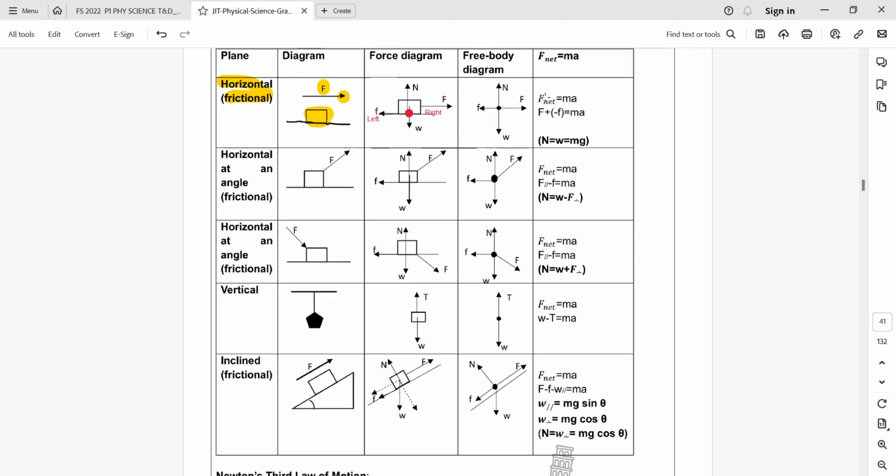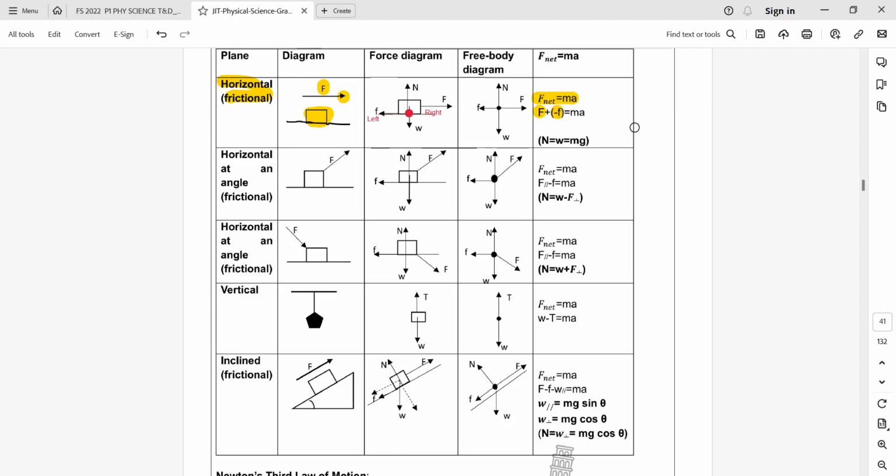Then the formula: don't forget that the net force is equal to ma, the same formula that we talked about on that side. But on this one, since the normal force and the weight give us 0, all the forces acting on the object will be the applied force and the frictional force.